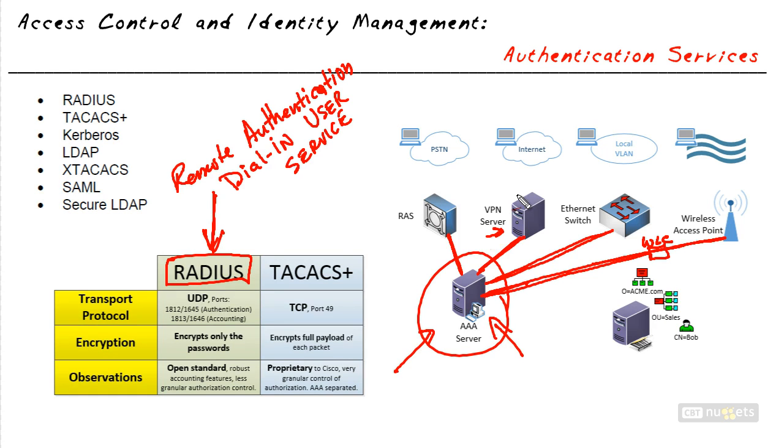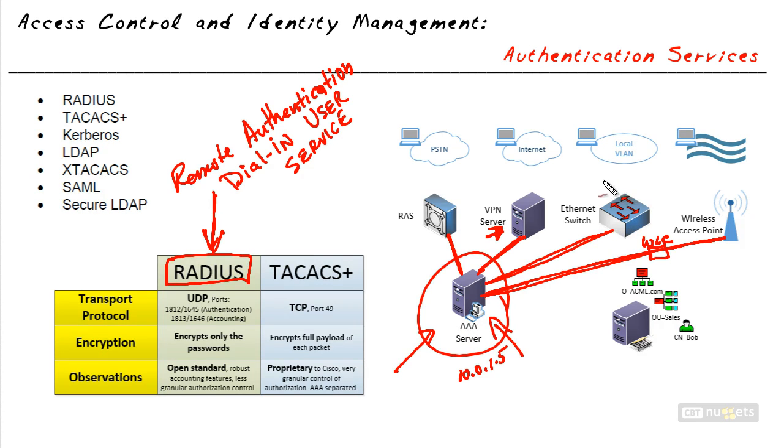So what you and I would do is pre-configure this VPN server and tell it, hey, buddy, if you ever need to validate users, go ahead and use the Radius protocol and talk to this server at 10.0.1.5, or whatever the IP address is of that AAA server. And the same thing for the Ethernet switch.